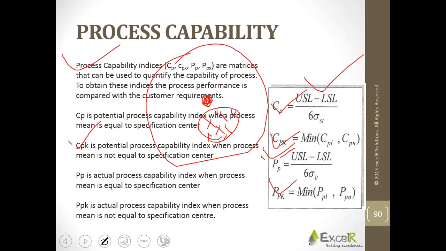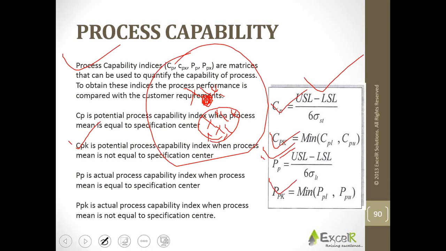What is CPK? CPK is potential process capability index when process mean is not equal to specification center. That means, going back to Six Sigma, in addition to that, we are actually looking into the other things.